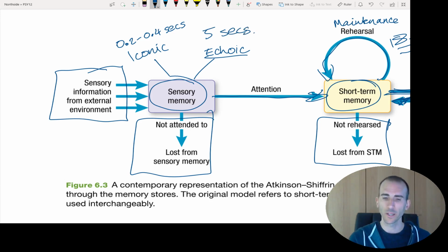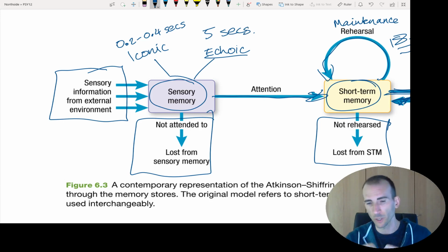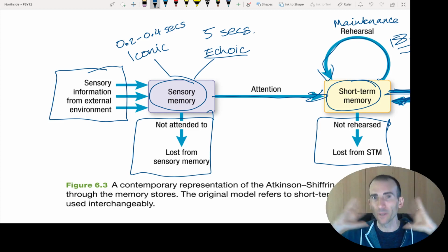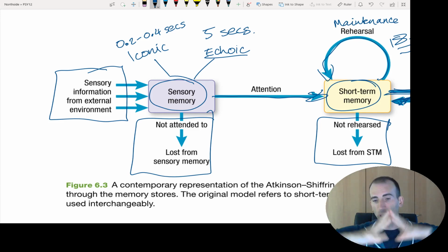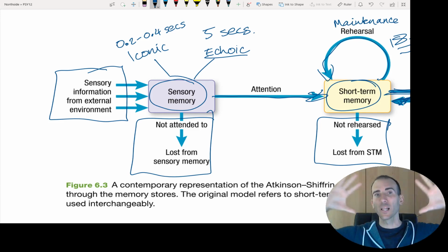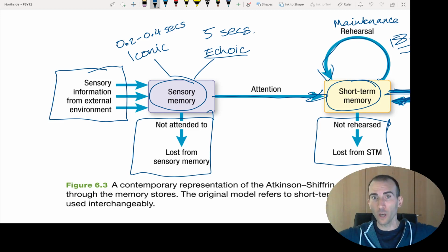So like iconic memory, it's got a very short duration, only about 5 seconds. I think it's 5 to 8 seconds. And it's the same thing where you're taking into your echoic memory more information. It's got quite a large capacity, so more information than you realize. So all sensory memory has a large capacity, it can store a lot, but a short duration.